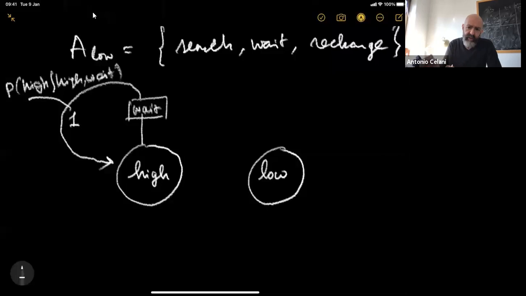Again, this is just one choice. You could have done otherwise, but just to fix the ideas. And then if you do that, you get some reward, R wait. You can think of it as, for instance, at every instant of time, a random reward that could be 0 if nobody drops a bottle in the recycling robot basket, or 1 if one drops a bottle, or 10 if one drops 10 bottles, okay?